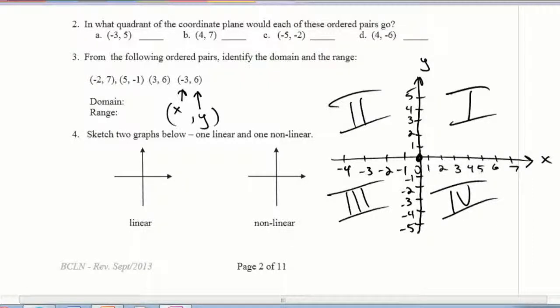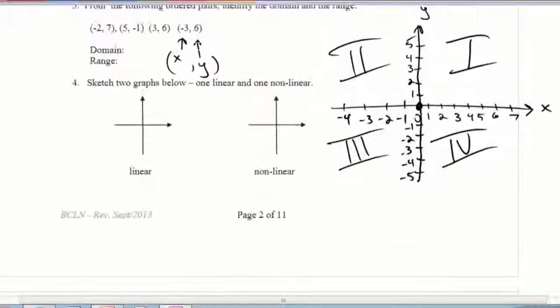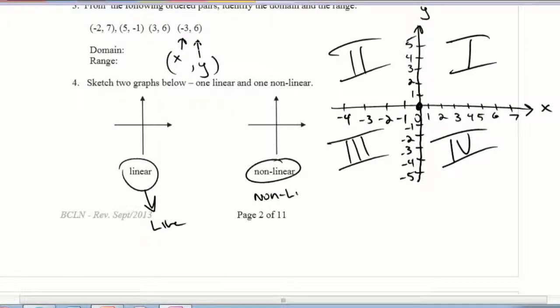All right, so if I need to do some more work on that next day, I'd be happy to do that, but I have a feeling most of you have probably seen it before. Linear means line, and nonlinear means non-line. Kind of a silly way of talking about it. So a linear graph would be something like, I'll use a ruler, make sure I get the line as straight as possible.